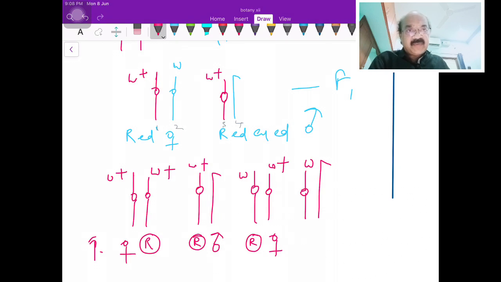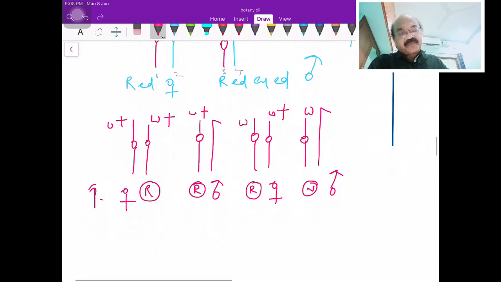The last one is white-eyed and it is a male Drosophila. You can conclude here, out of the 4 progeny obtained, 3 are red-eyed: red-eyed female, red-eyed male, red-eyed female, and a white-eyed male.